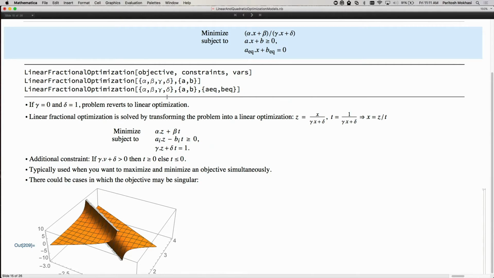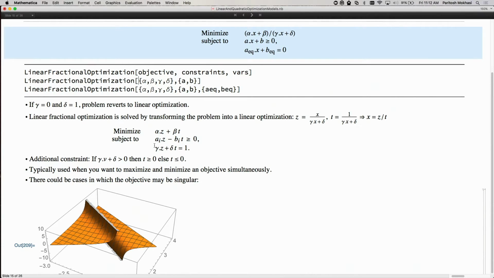Now, this linear fractional problem can actually be transformed into a linear optimization problem. So we can use the exact same solvers that linear optimization uses to solve linear fractional problems. The way you do that is using the Charnes-Cooper transformation, which is right here. And when you apply this transformation, you get this equivalent optimization problem.